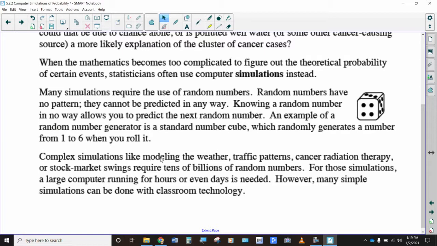Complex simulations like modeling the weather, traffic patterns, cancer radiation therapy, or stock market swings require tens of billions of random numbers. For those simulations, a large computer running for hours or even days is needed. However, many simple simulations can be done with our Chromebooks and our simple classroom technology.